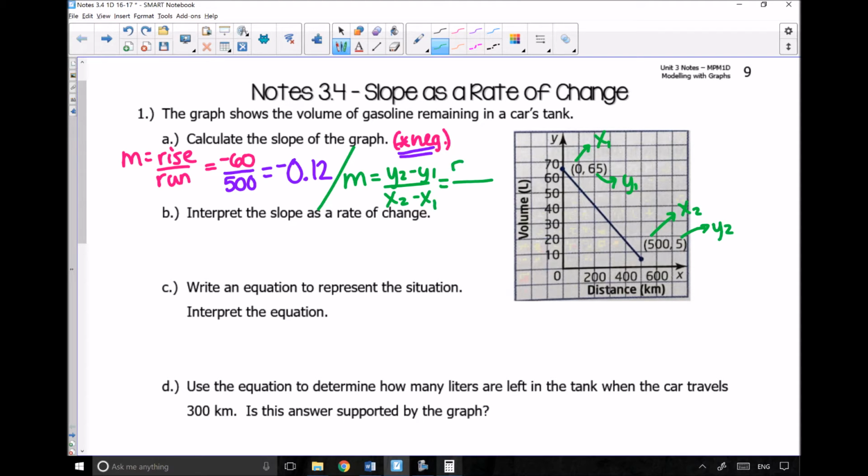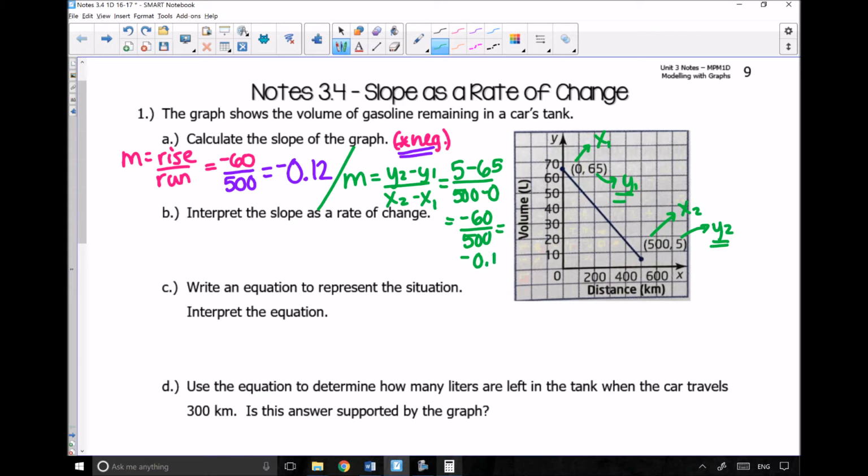So I end up getting 5 minus 65, because y2 is 5 and y1 is 65, over x2 minus x1, which is 500 minus 0. So what does this end up giving me? I end up getting negative 60 over 500, which is exactly the same problem that I get here.